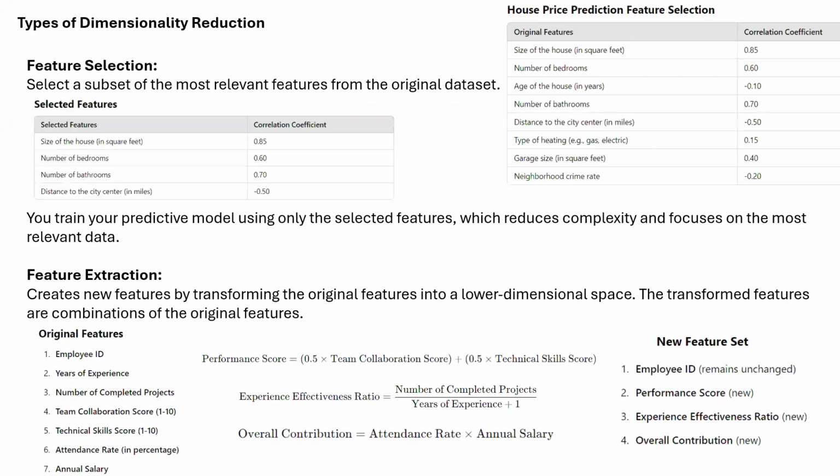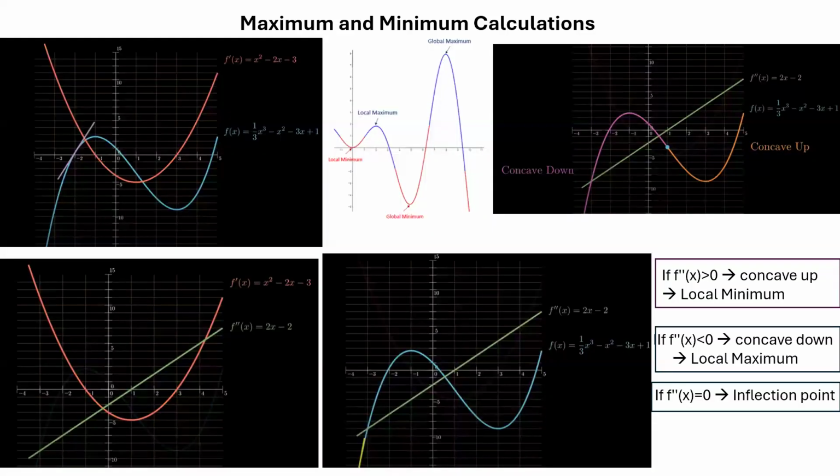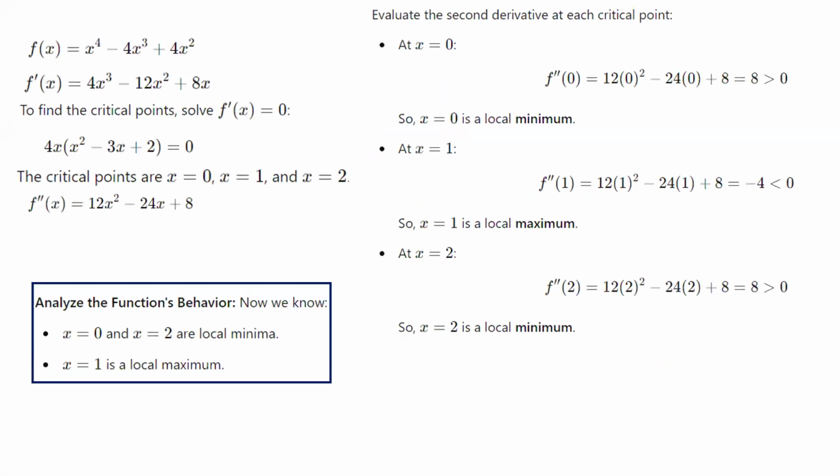Standard normal distribution, standardization, Z-score. A standard normal distribution has mean equal to 0 and standard deviation equal to 1. That's right.